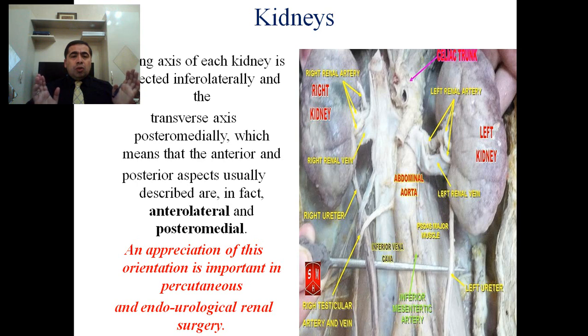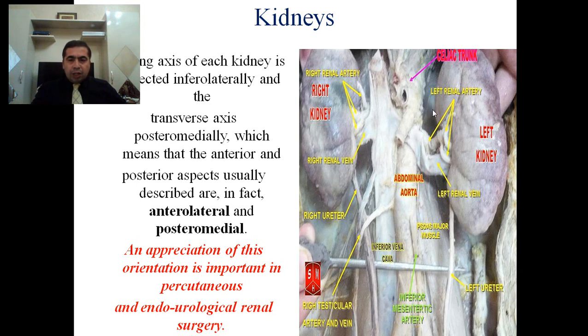This angulus is open upward, the renal angulus, and the long axis of each kidney is directed inferolaterally and the transverse axis posteromedially, which means that the anterior and posterior aspects usually described are, in fact, the anterolateral and the posteromedial. An appreciation of this orientation is important in percutaneous and endourological renal surgery.